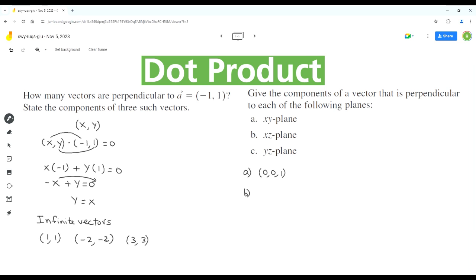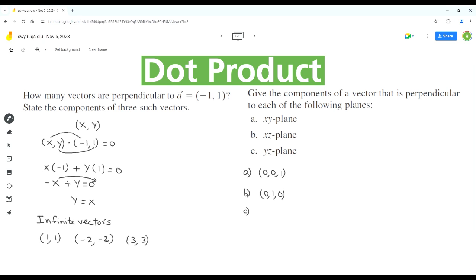So any vector that lies on the y axis will be perpendicular to xz plane, and any vector that lies on the y axis will have the x and z components as 0. So one example of a vector that lies on the y-axis is 0, 1, 0. So this can be the final answer for part B.